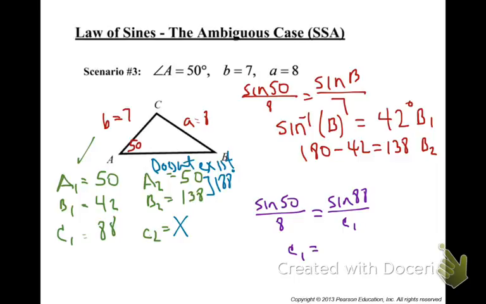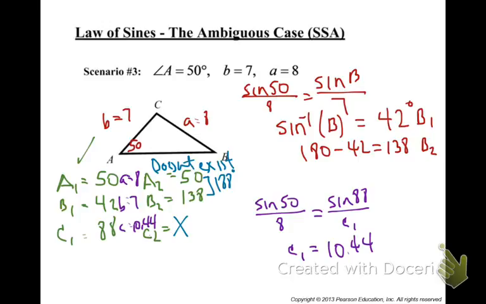So figure that out. Yeah, so you should be getting 10, you said 10.44? Yeah. 10.44, okay, and there is your little c. So we could come back over here and we could add those in, little a, little b, little c, and we'll have a complete triangle. So little a was 8, little b was 7, and little c was 10.44.